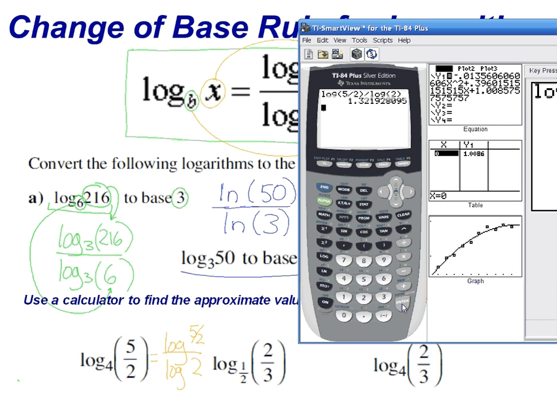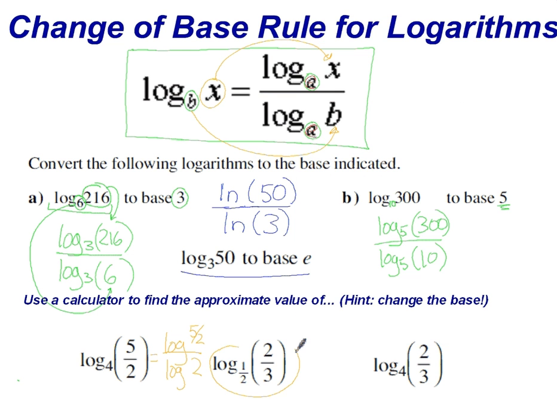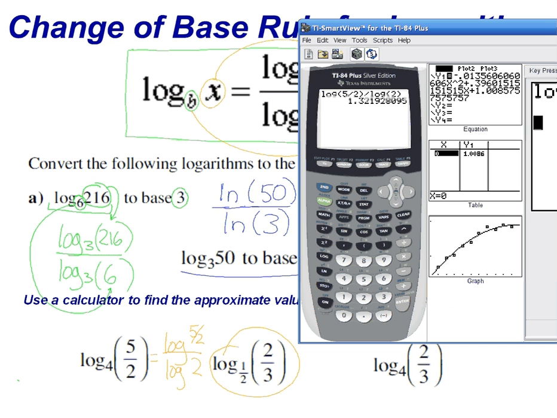Now I don't think I have it on this calculator, no, I don't have it on this calculator, but some of your calculators will allow you to just solve that one directly. Okay, so all the other ones are the same. If we go down to this next one right here, I'll just type it directly into the calculator. I could use natural logarithms this time. Natural logarithm 2 over 3 divided by natural logarithm 3.